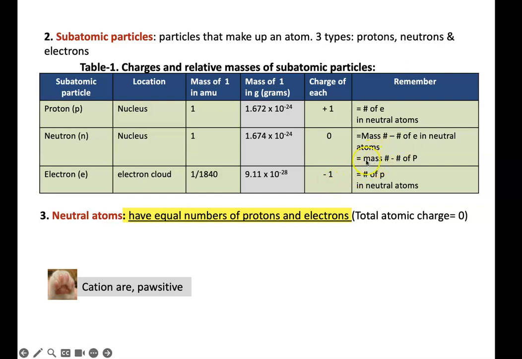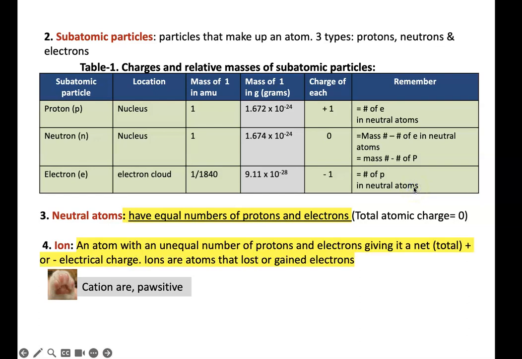Also, the neutron number is equal to the mass number of the atom minus the number of protons, because the atomic mass is made out of protons plus neutrons. This will become clearer when we do problems. Electrons are equal to the number of protons in a neutral atom.